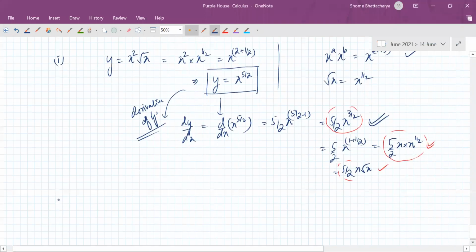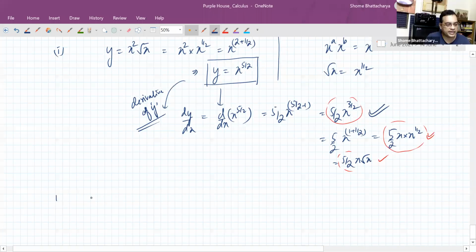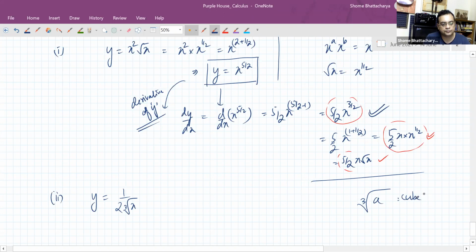Second one. So we should understand that this is cube root of E. So basically what it means is that if this, then it means that A is equal to B cube.